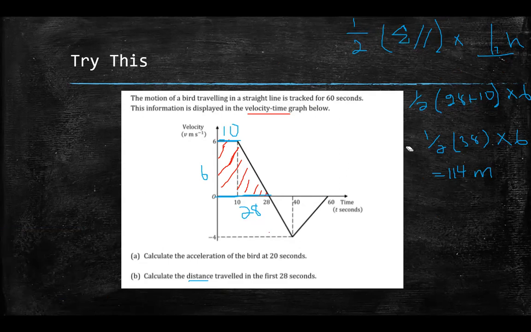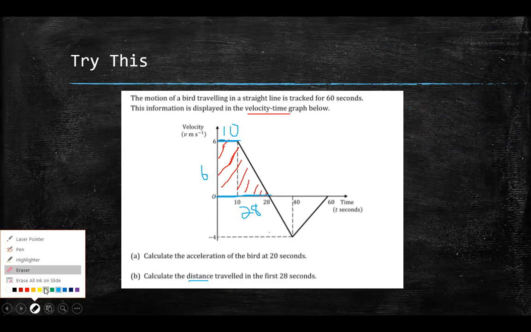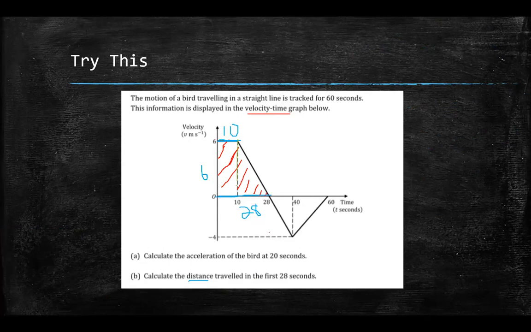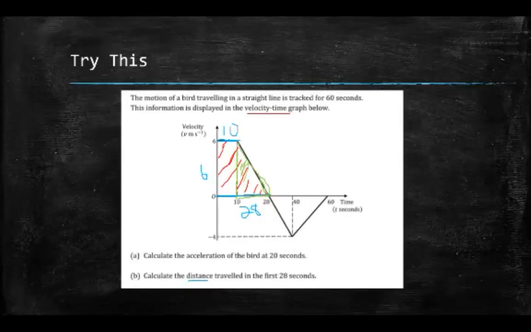If you don't want to do that, like Kitania was just saying, split it up into a rectangle and a triangle. So my triangle is this green thing here. Let's just pretend this green shaded area is my triangle.